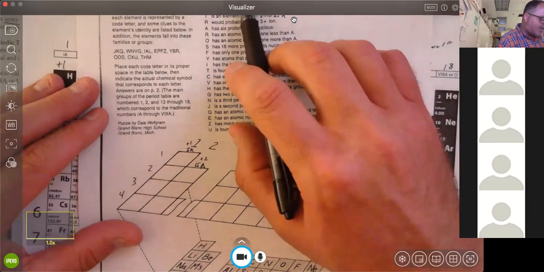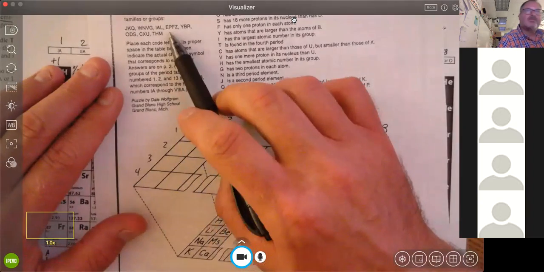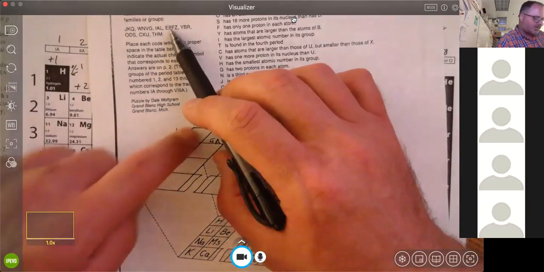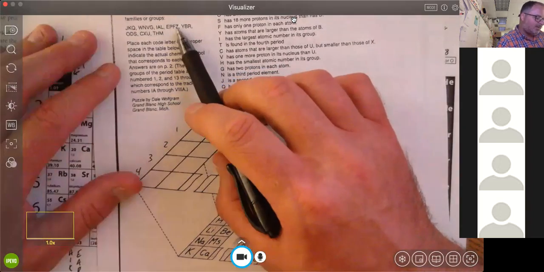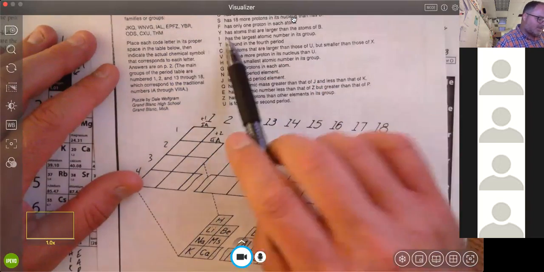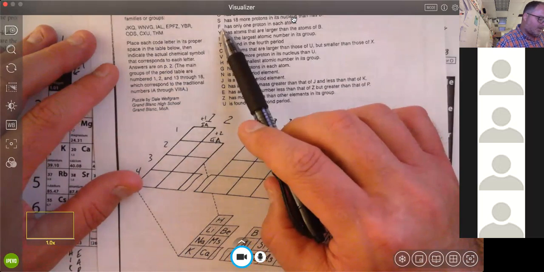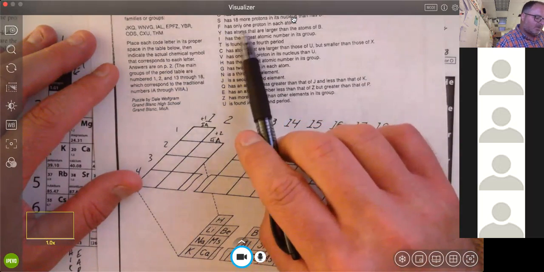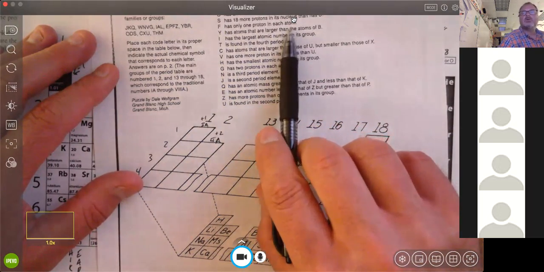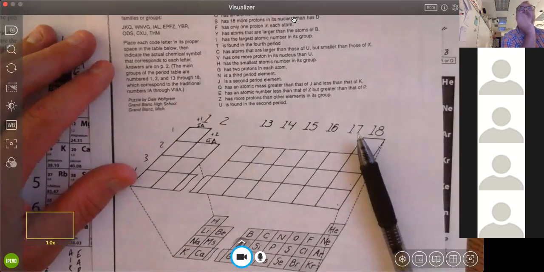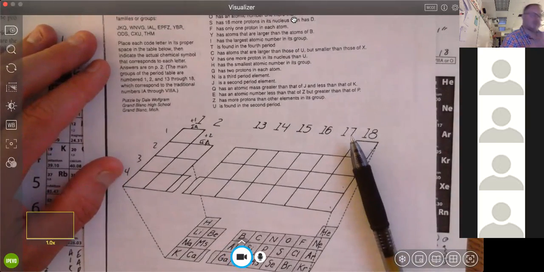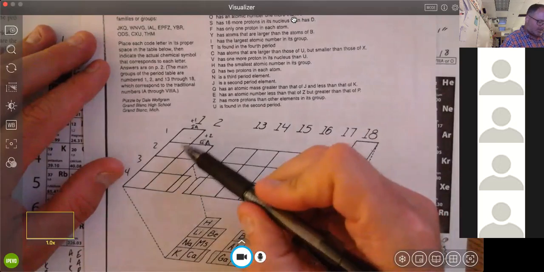E is an alkali metal. So that tells me that the first elements in this family are E, P, F, and Z. But I don't know anything else about that. E, P, oh, here we go. F. F has only 1 proton in each atom. Well, what element has 1 proton in each atom? Is it this one, this one, this one, or this one?